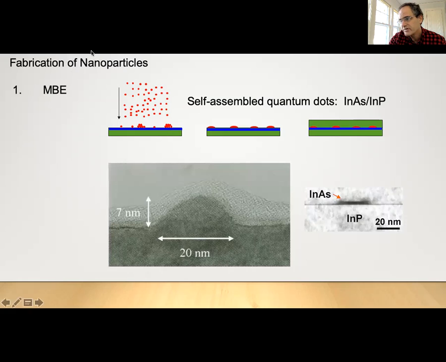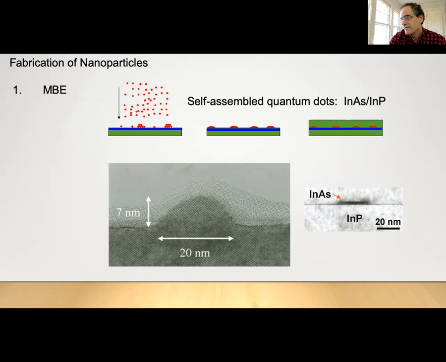And under certain conditions, the new semiconductor, perhaps indium arsenide being deposited on indium phosphide, will want to grow islands instead of growing continuous layers. So the indium arsenide atoms will agglomerate into islands like this.